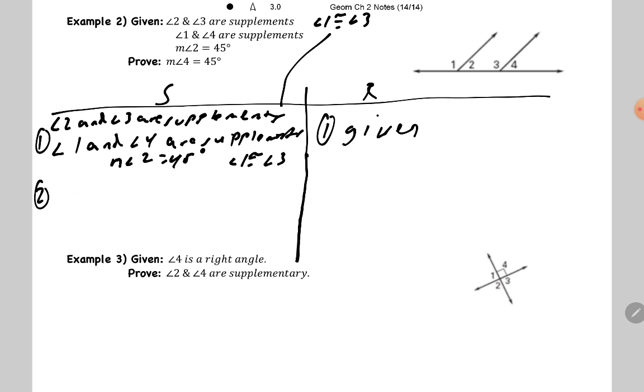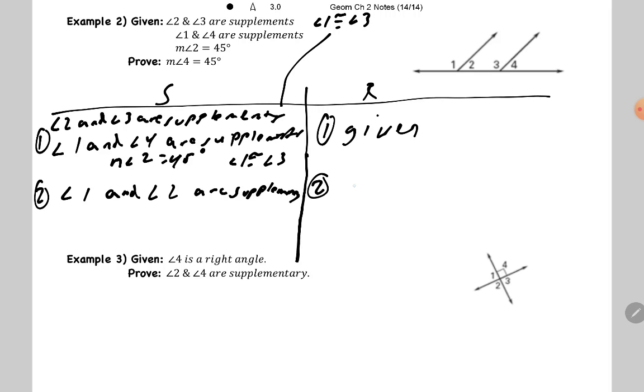Okay, so I can say angle 2 is congruent to angle 4. Oh, wait, sorry, I have to back up one more step. So I need to show that angle 1 is also supplementary. So angle 1 and angle 2, there we go. Angle 1 and angle 2 are supplementary.